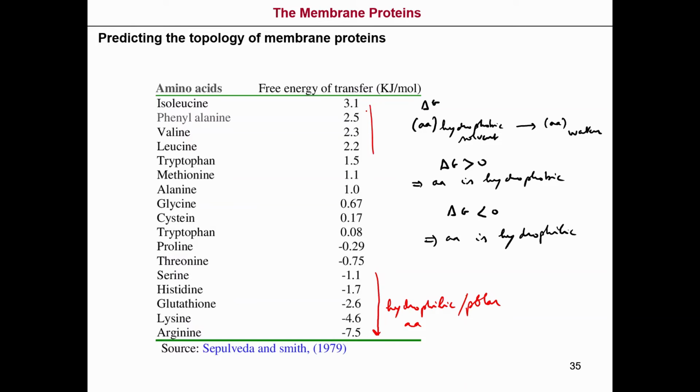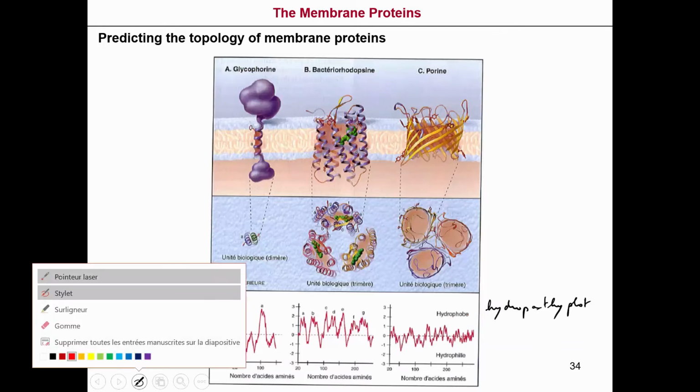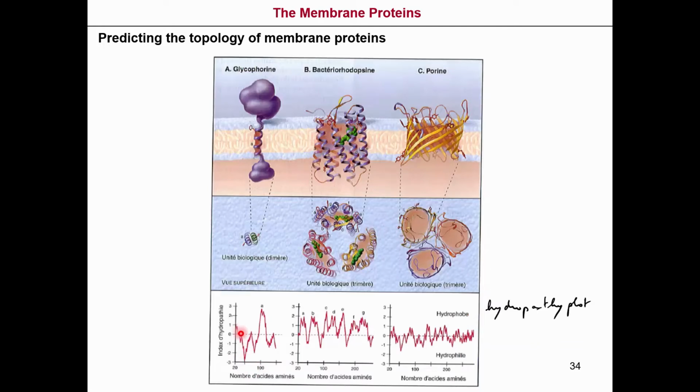And here you have the hydrophobic amino acids. Okay? So when we have the sequence of the protein, we can have the hydropathy plot.